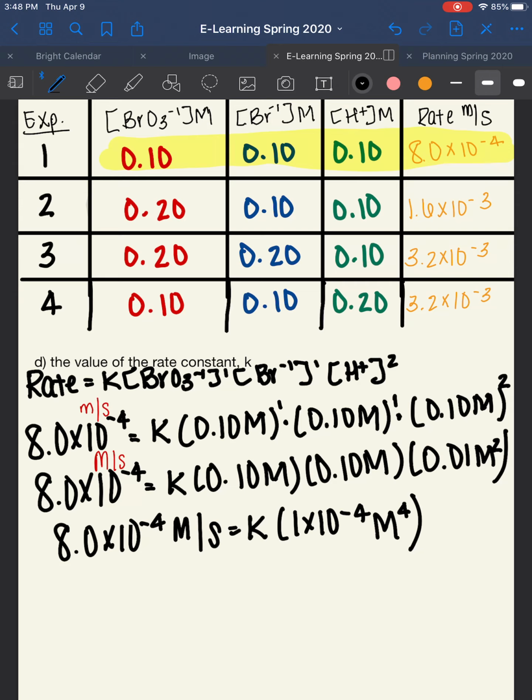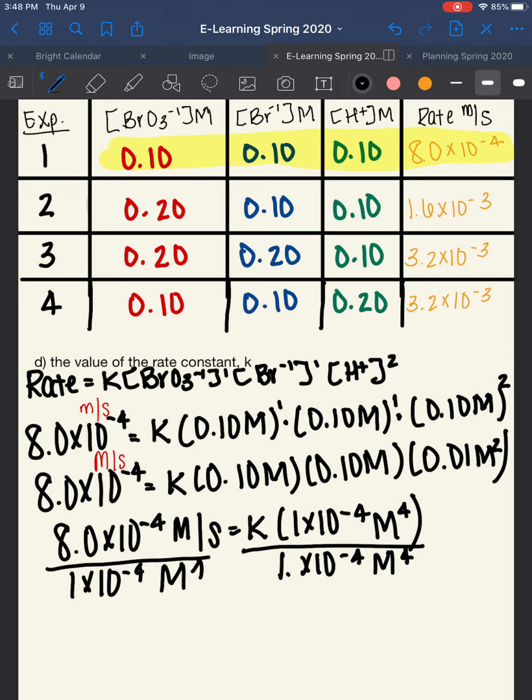Okay, and then my last step is to divide both sides by 1 times 10 to the -4 in order to isolate my rate constant K. So here, everything cancels out.